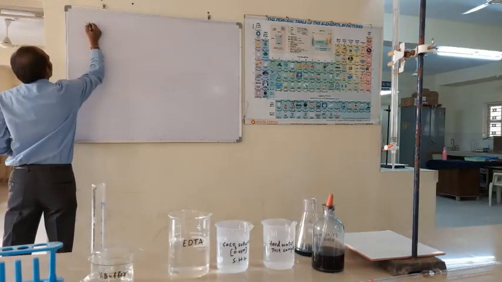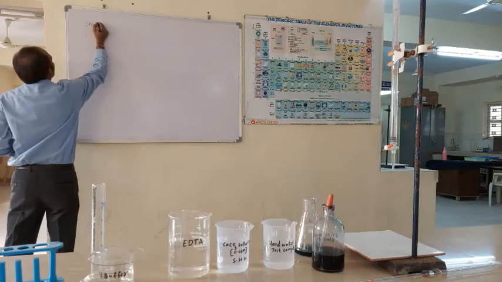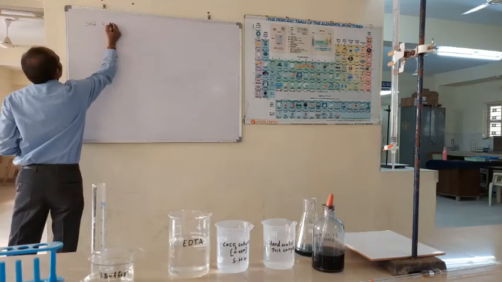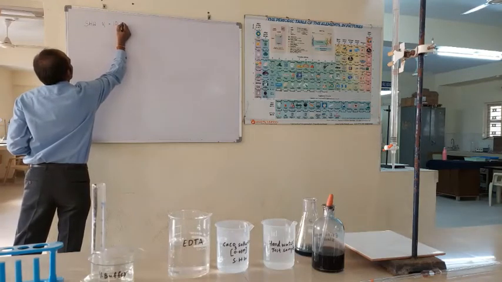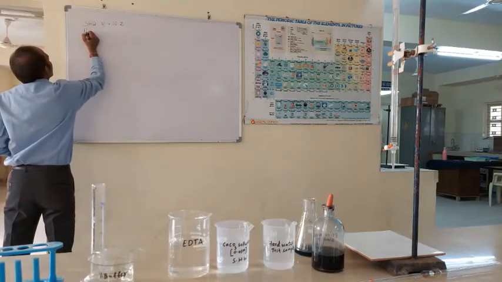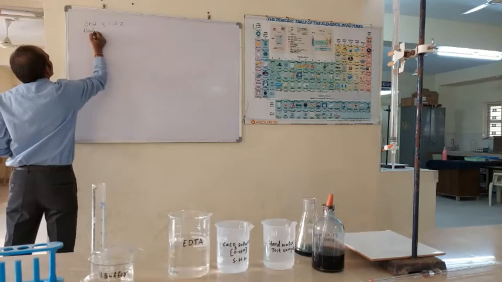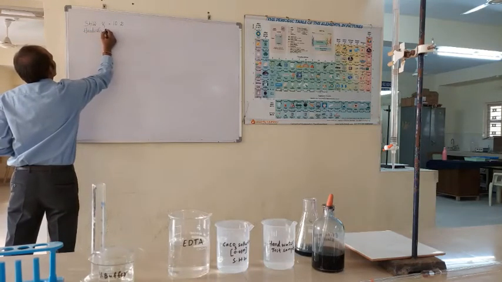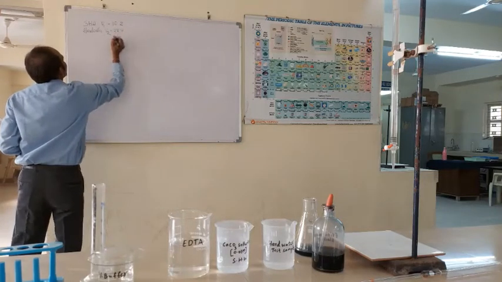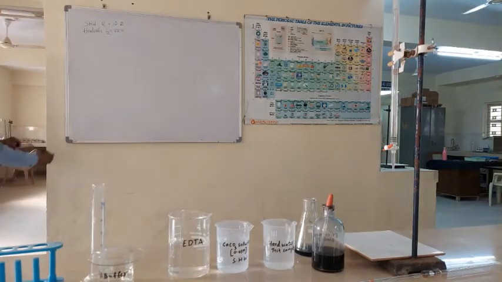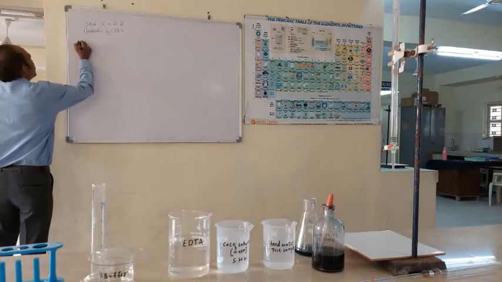The standard hard water V1 you got as some 10.2, and for the hard water we got V2 equal to 22.9. So first we assume the preparation of standard hard water.